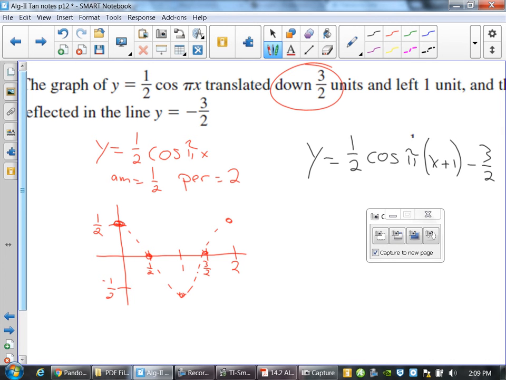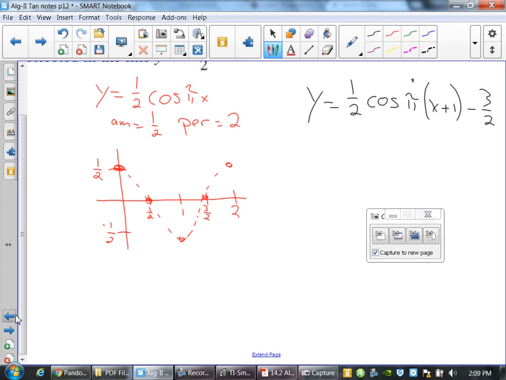Well, here's what I want to show you. Why is it reflected? What happens here is that you're going to move this down 3 halves. When you move something down 3 halves, here's 1/2, 2/2, here's 3 halves, so it'll be at -1. Everybody okay with that?